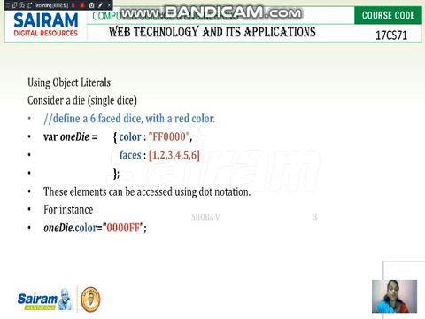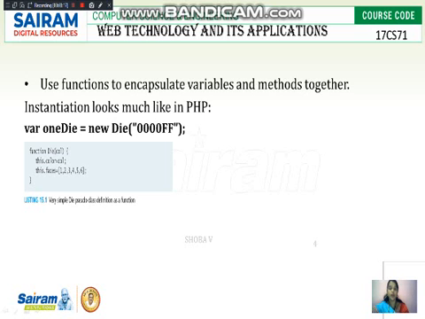Using this object literal, we can access those elements using dot notation, for example accessing the color of the elements and the faces from 1 to 6, because we are using a real life example of a 6 face die with red color. We can use functions to encapsulate the variables and methods together.